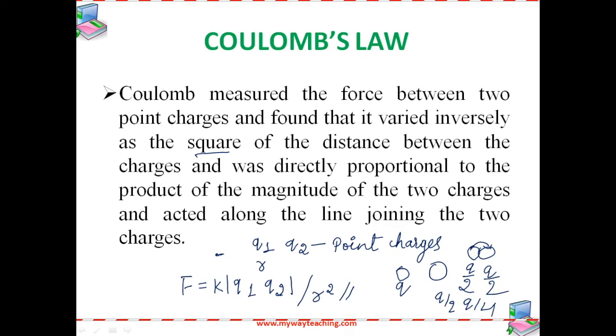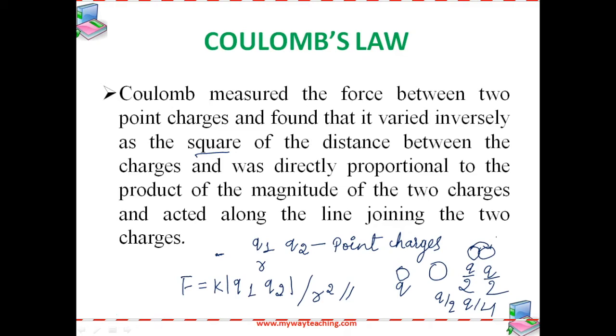If you repeat the same process again, we get the charges of Q by 2, Q by 4, and it continues. Now what Coulomb did, he varied the distance for a fixed pair of charges and measured the force for different distances. And then he varied the charges in pairs, keeping the distance fixed.